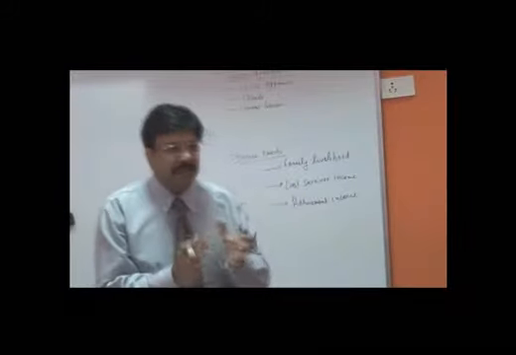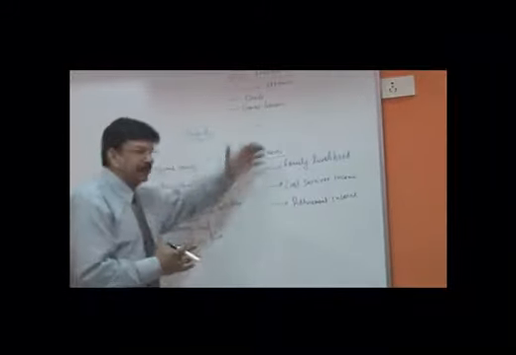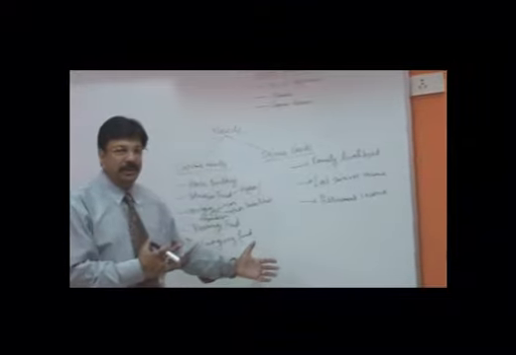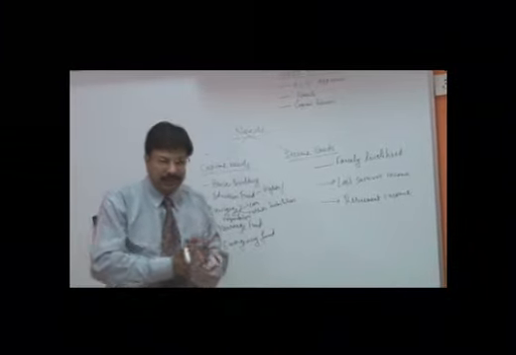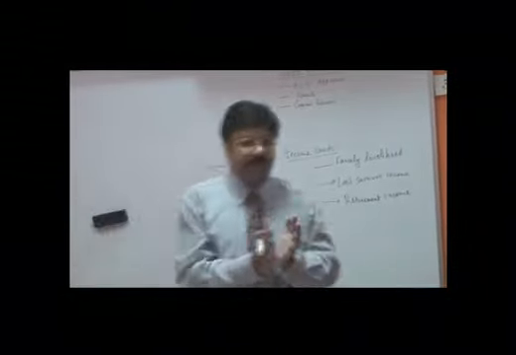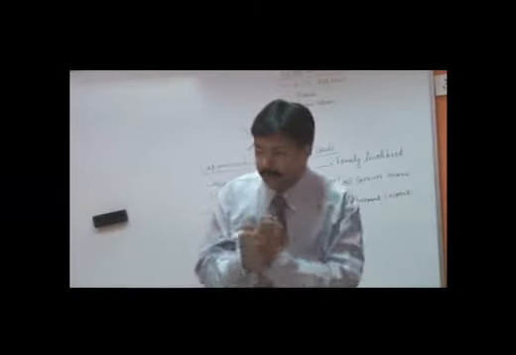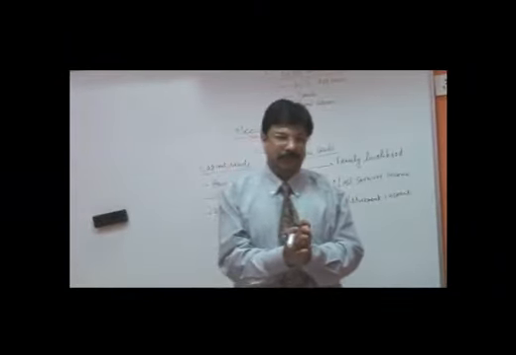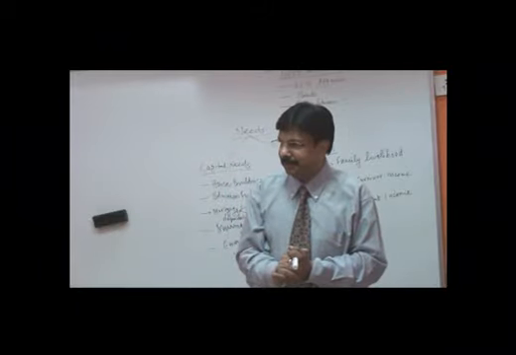And after you have calculated these liquid requirements of the family, then you have to see what is the liquid money possessed by this individual on which the financial planning is being done.